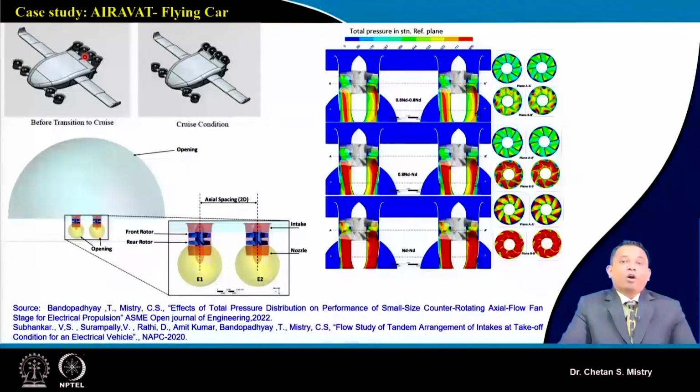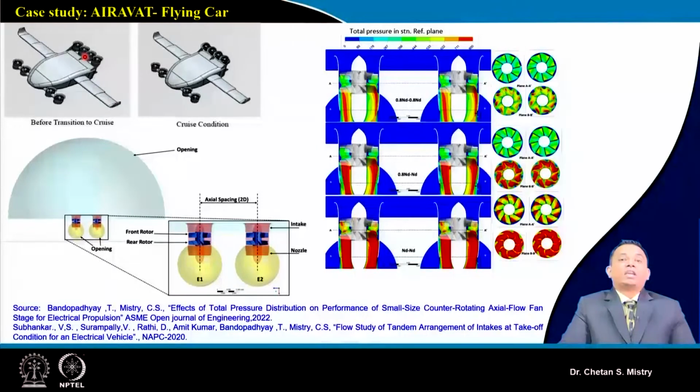Now, in order to have light weight, we discussed these aspects when we were discussing industrial fans. Rather than having a big single fan, it is preferred to go with a number of fans, or maybe a number of motors.